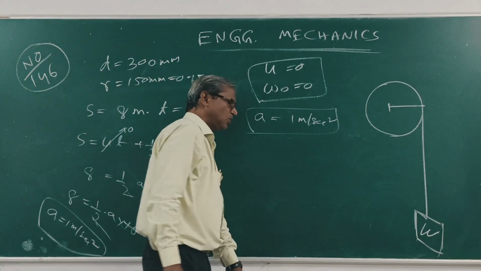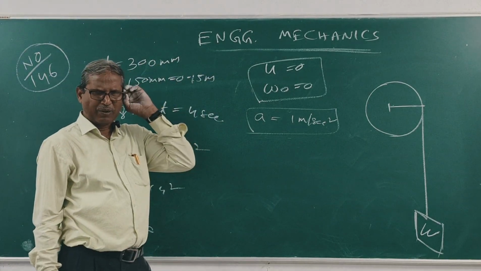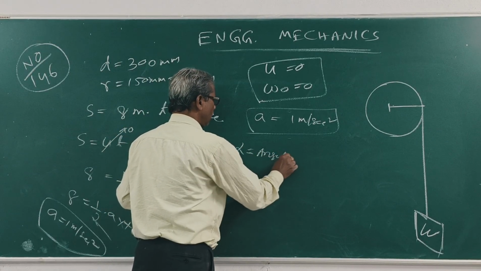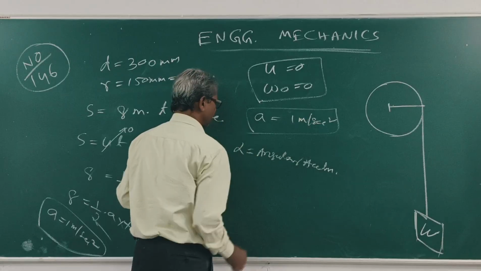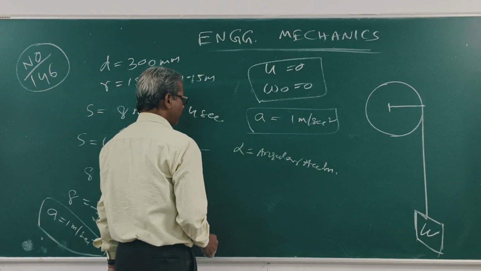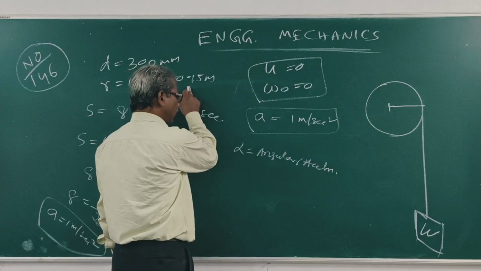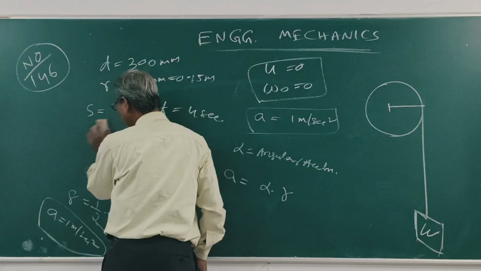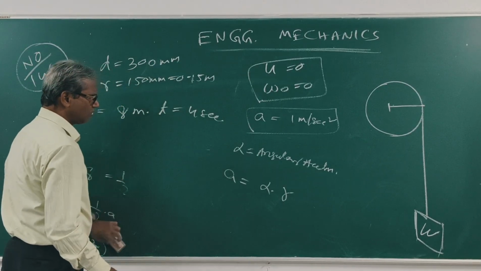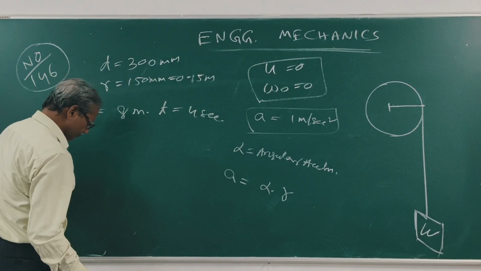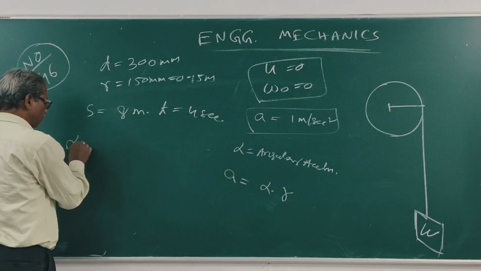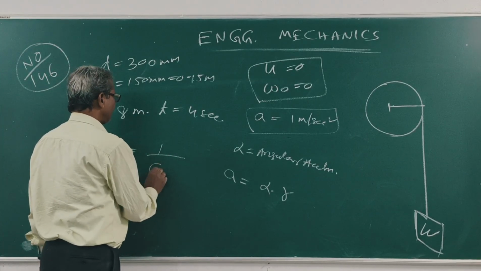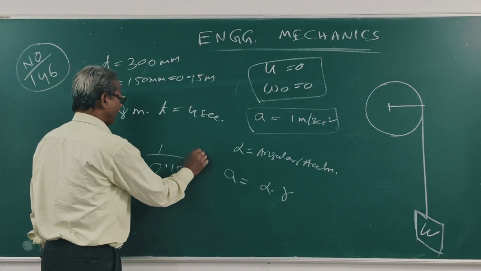Now, we'll find out the angular acceleration alpha. What is alpha equal to? R is equal to 0.15 meter. Now, a is equal to alpha into R, so alpha is equal to a by R, which is 1 by 0.15 radian per second square.